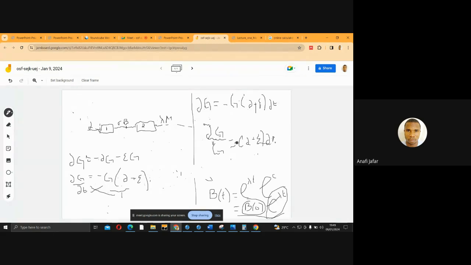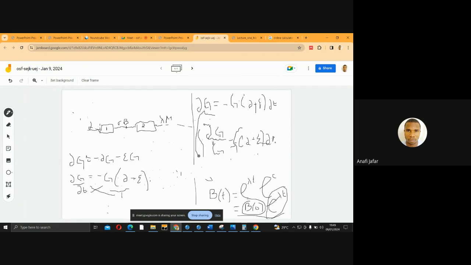Here you have your negative. Then from there you can integrate this guy. When you integrate both sides, what do you get in this side? What do you get when you integrate this guy?